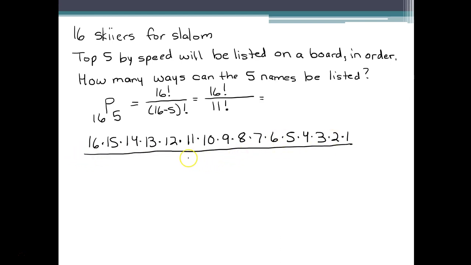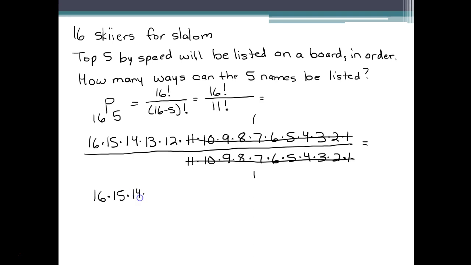The denominator, you got 11, 10, 9, 8, 7, 6, 5, 4, 3, 2, 1. So all of these have common factors with each other. You got 11 over 11, 10 over 10, 9 over 9, etc. All that reduces down to 1, leaving you with 16 times 15 times 14 times 13 times 12.